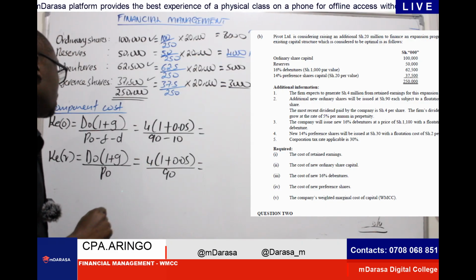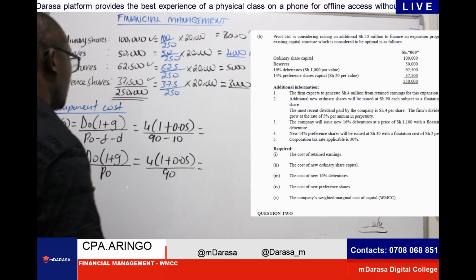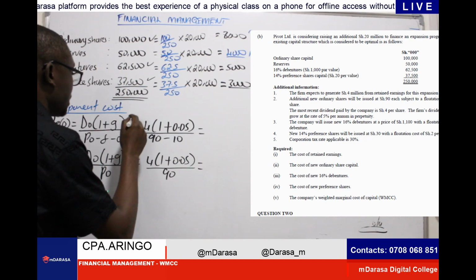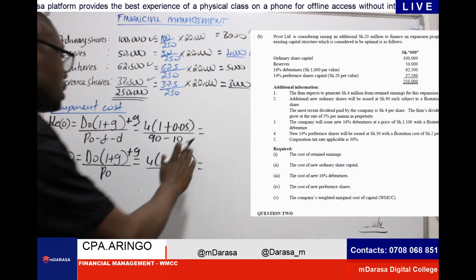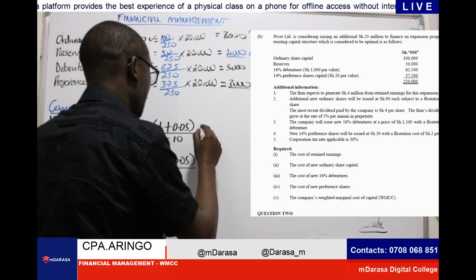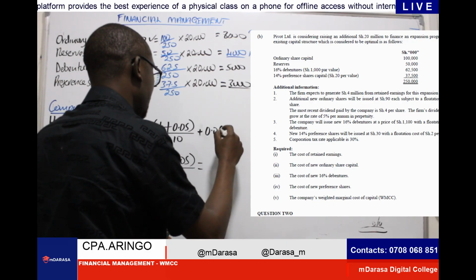In all of these cases, remember, you have to consider plus g, which is 0.05.